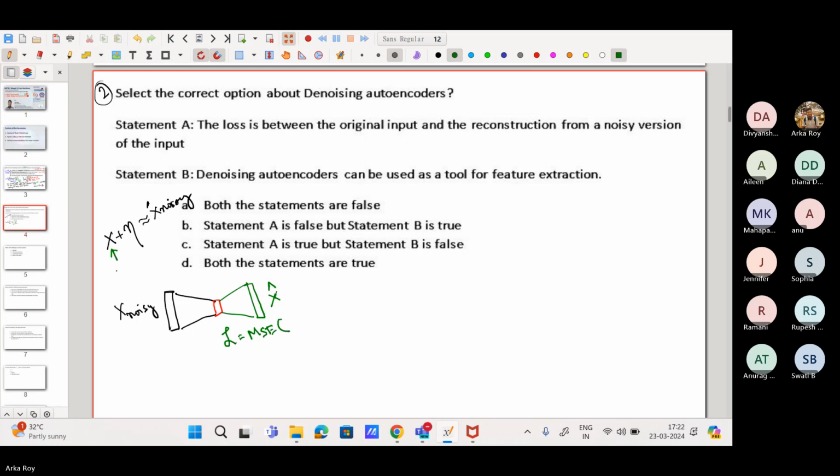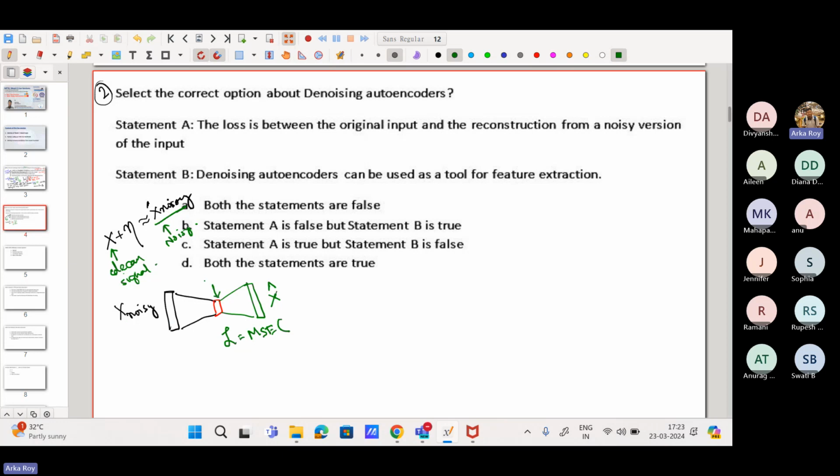So this one is a clean signal. This one is the noisy one, and you feed this noisy signal in the input. At the latent space, it encodes something.